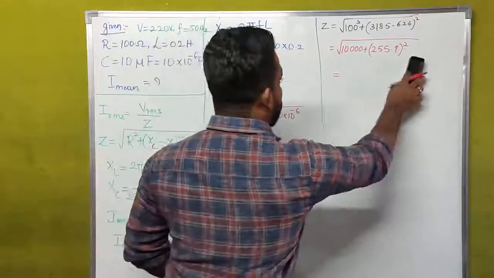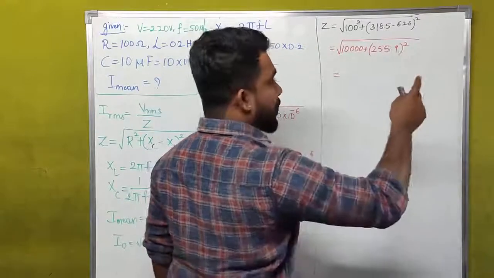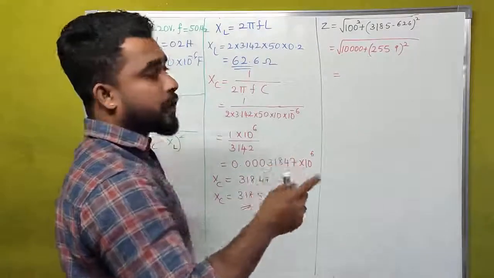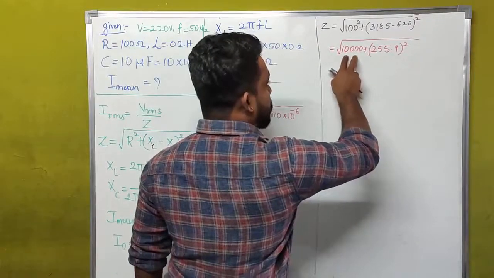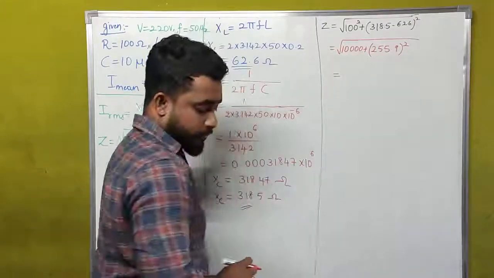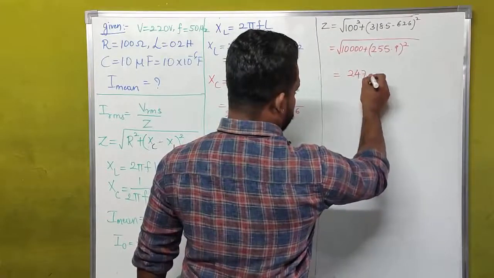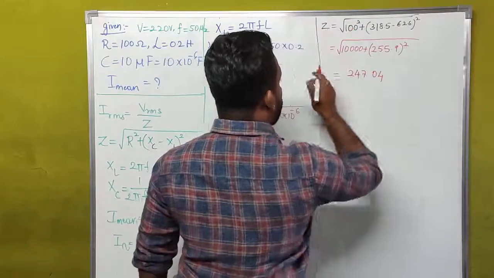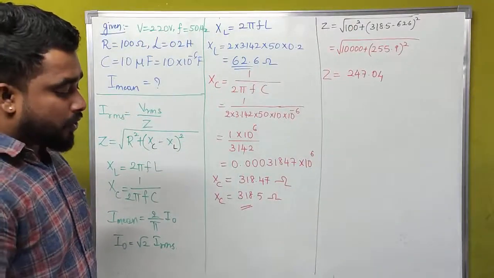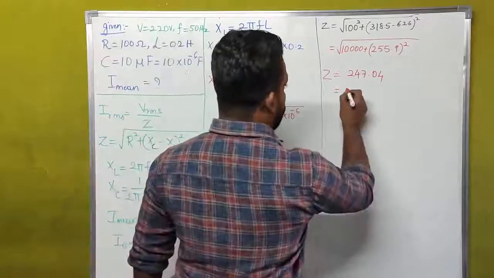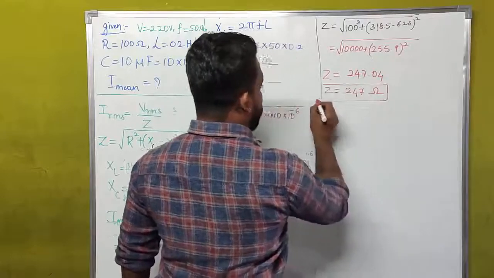If we multiply 255.9 into 255.9, then we have to add that to the 10,000, then we will get the value 247.04. The square root of the whole thing is equal to 247.04, or you may write this as 247 ohms. This is the value of impedance of the circuit.